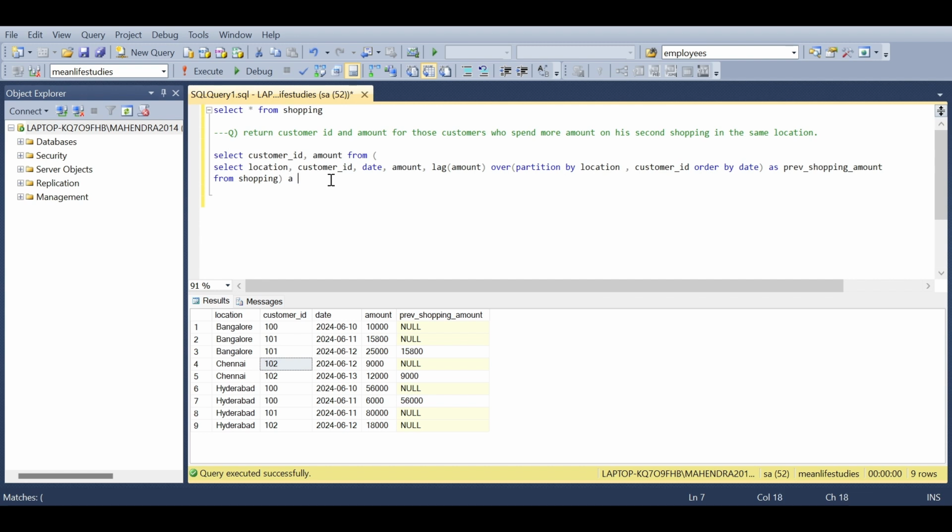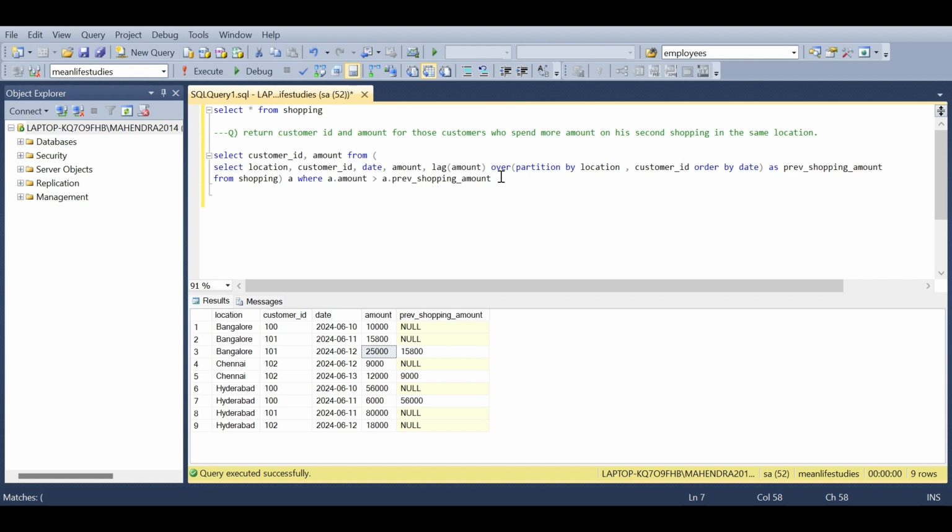I'm going to check with the condition where a.amount, this is the current day and this is the previous day, so this is the second day shopping only, is greater than a.previous shopping amount.